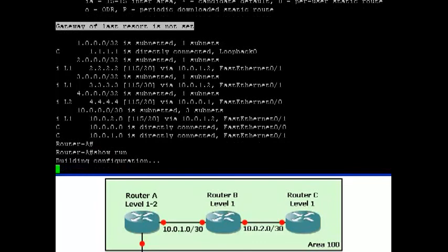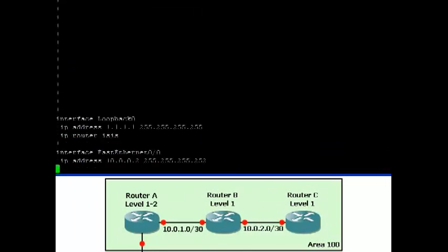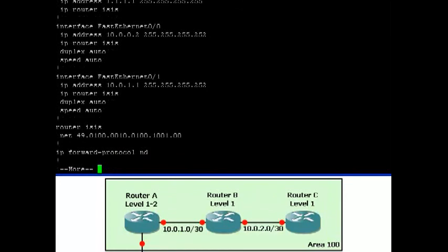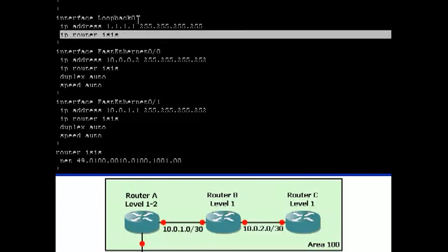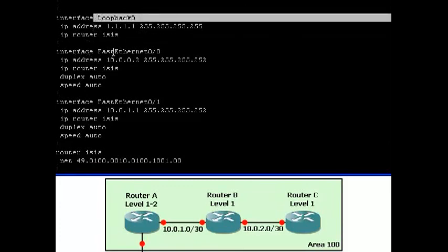Now let's look at the running configuration. Notice that the loopback address is being advertised with the ip router isis command.